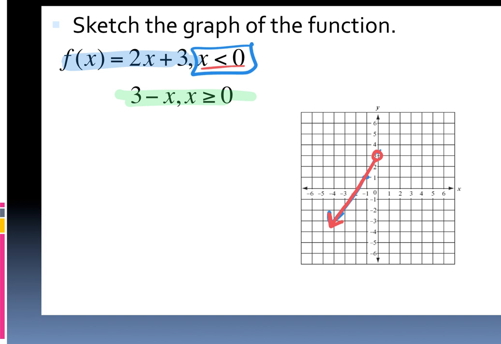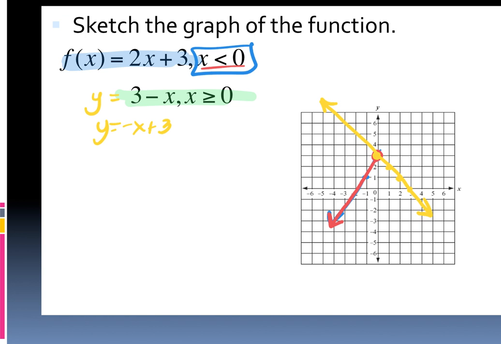Then I can go to the next one, which says y equals 3 minus x, which would be y equals negative x plus 3 if I put it in slope-intercept form. And I can put a positive 3 and then my slope down 1 to the right one. This would be the whole line if I went the whole line.